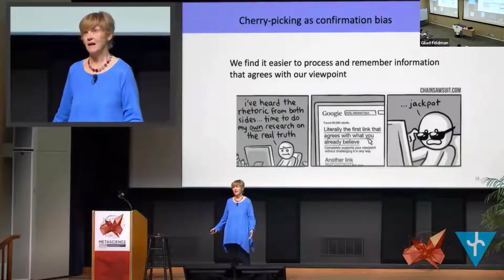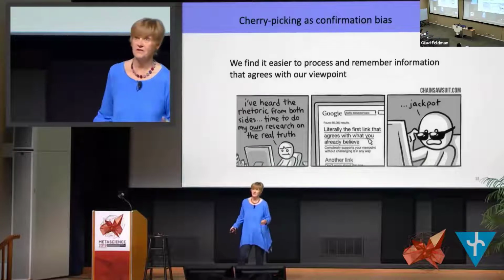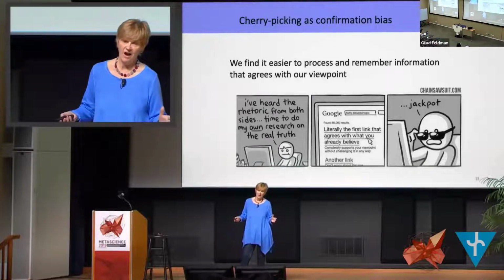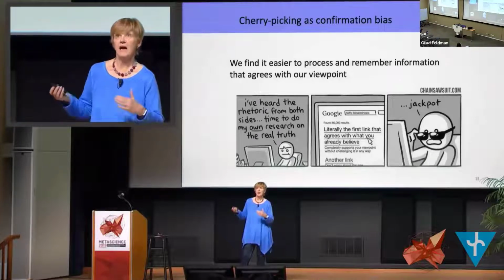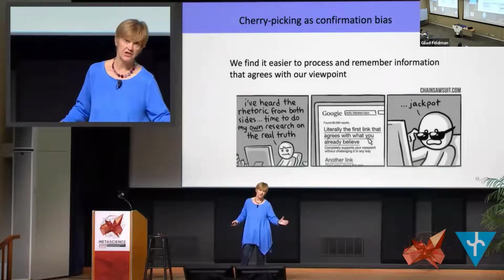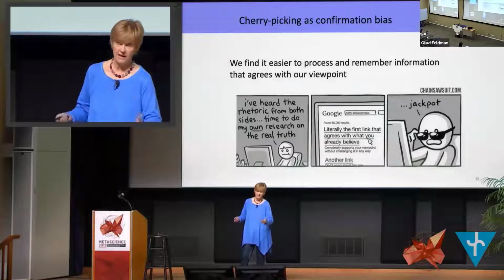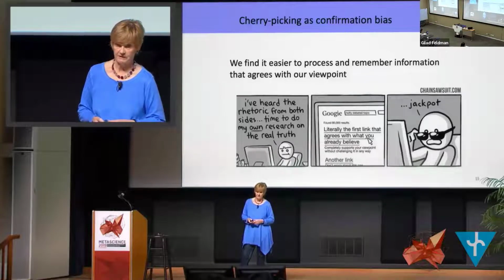It can operate at various points in the research cycle. I'm going to focus on an aspect of research that isn't much focused on, which is how we select other work to cite when we write our introductions to papers, for instance.